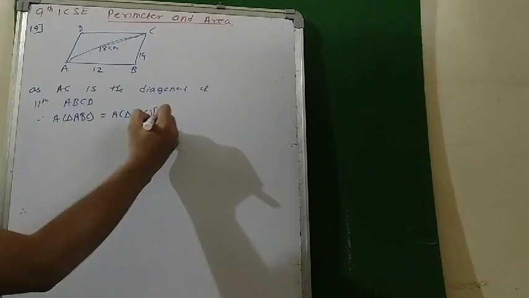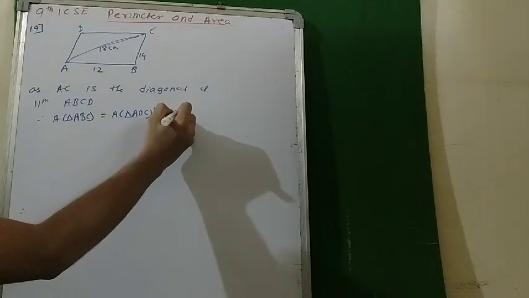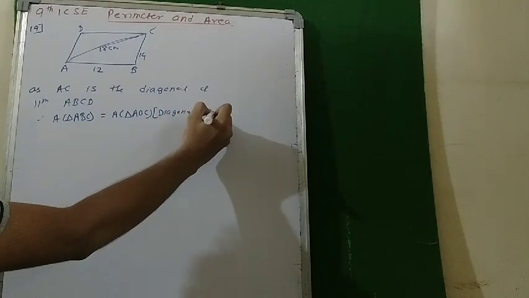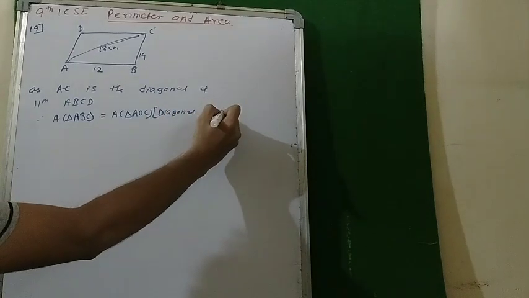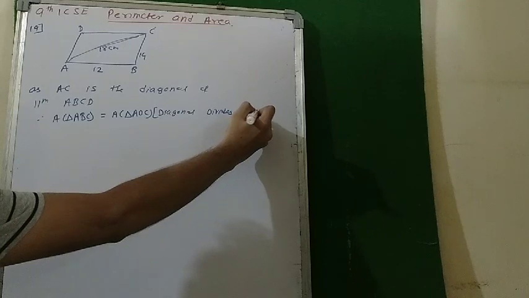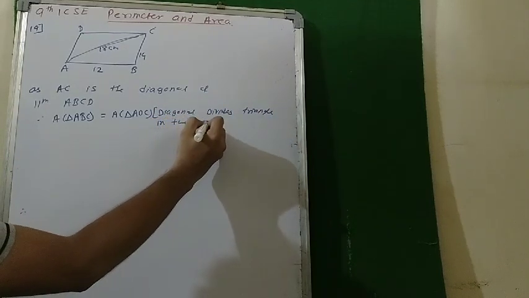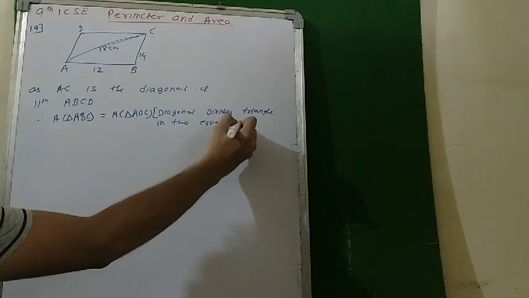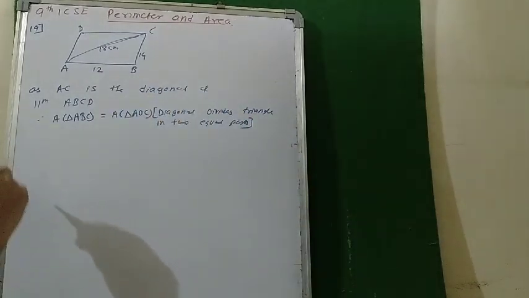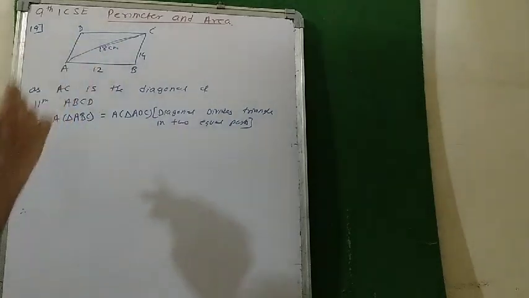We can say that a diagonal divides the parallelogram into two equal parts. So we will find the area of triangle ABC.